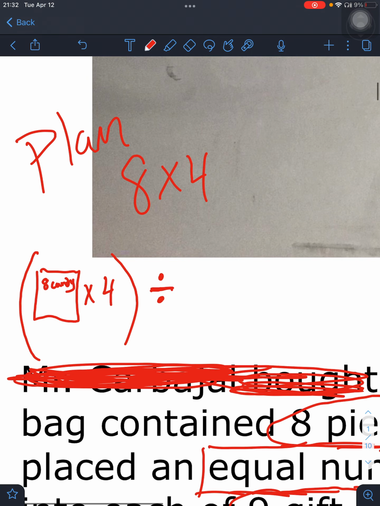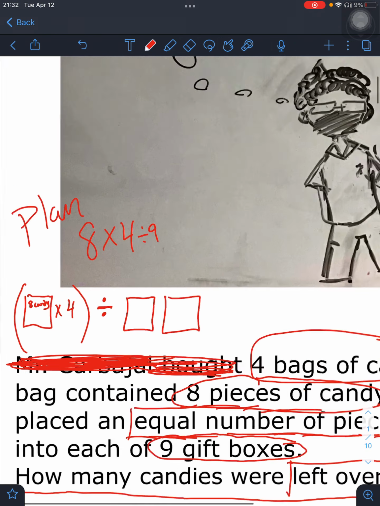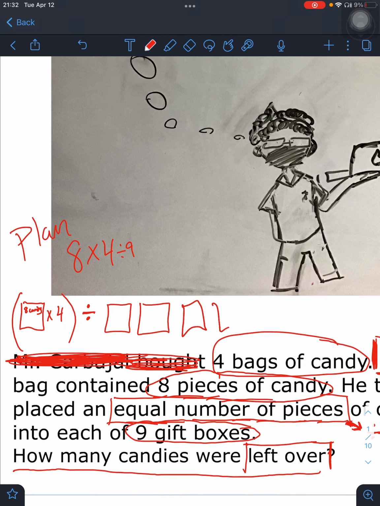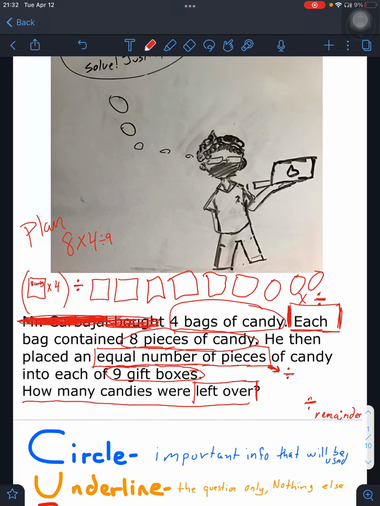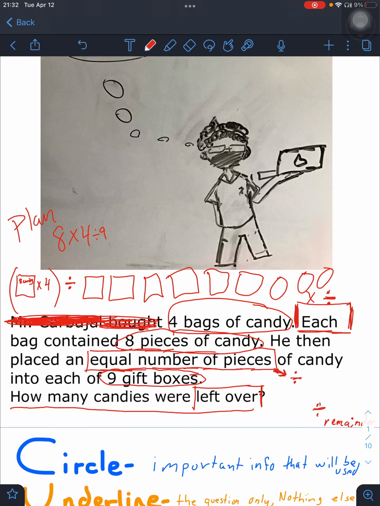So then I have to divide. So that's my division because I have to put them into these 9 fancy gift boxes. 1, 2, 3, 4, 5, 6, 7, 8, 9. And that's how long it took me to create my sketch. Quick, simple. This is not art.